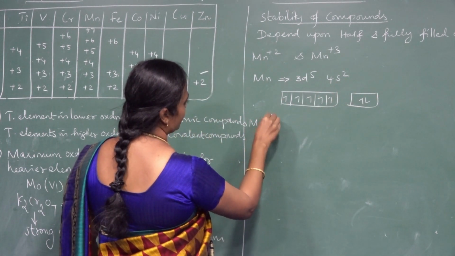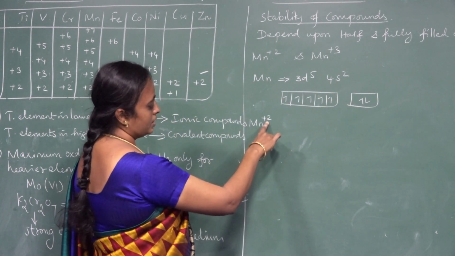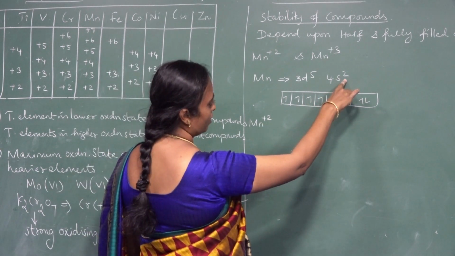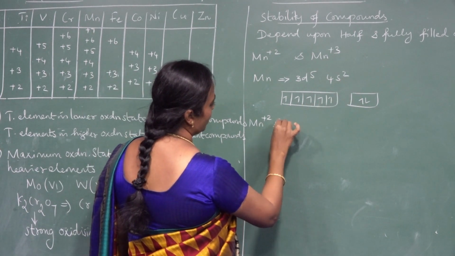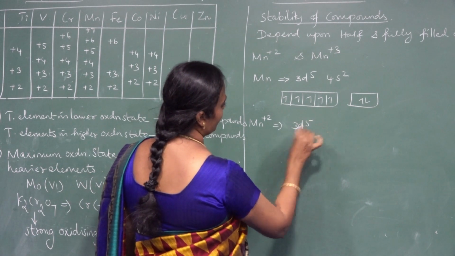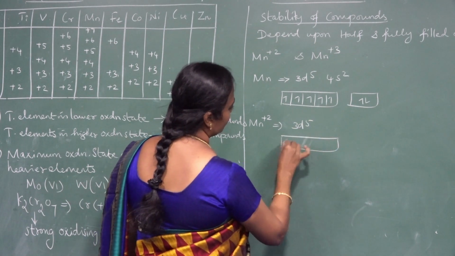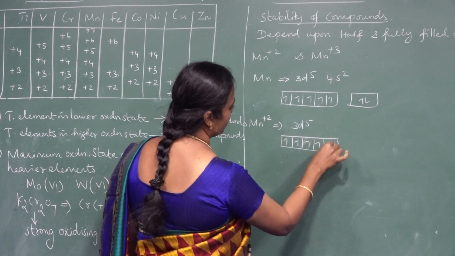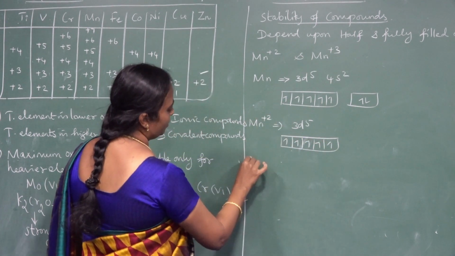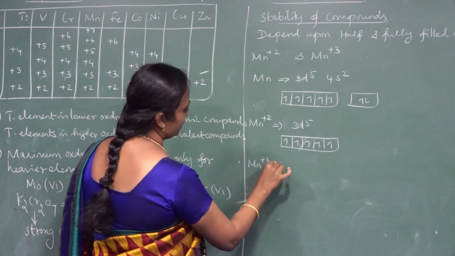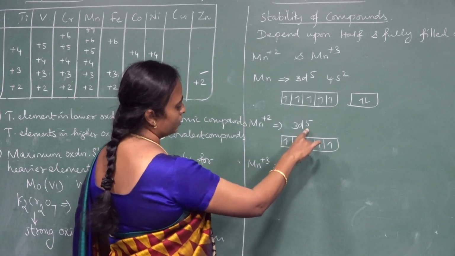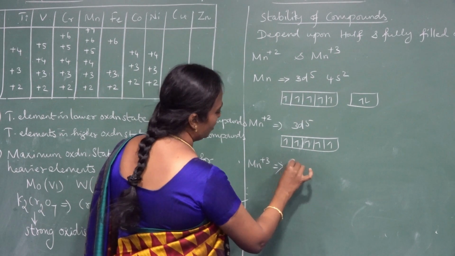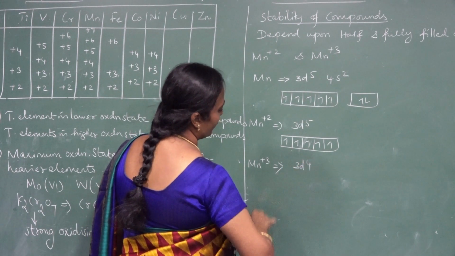For Mn+2, I can remove the electrons from the s orbital, so we will get 3d5 only, with 4s being 0. Next, for Mn+3, there is one more removal, of a 5th electron, so 3d4 is possible.